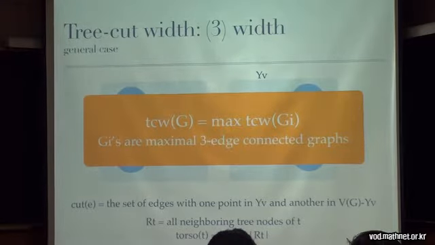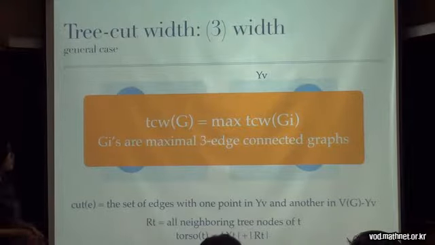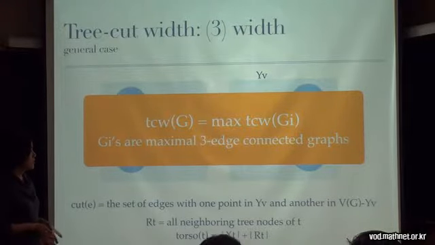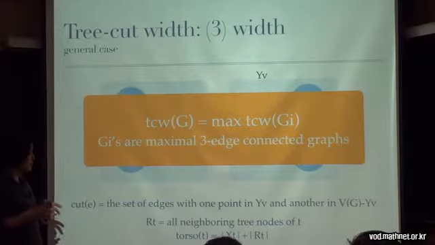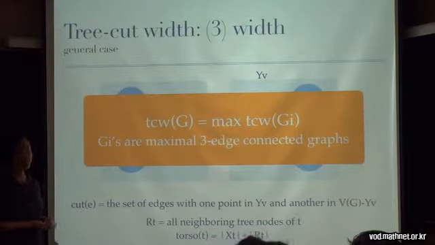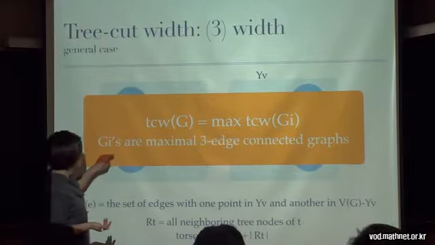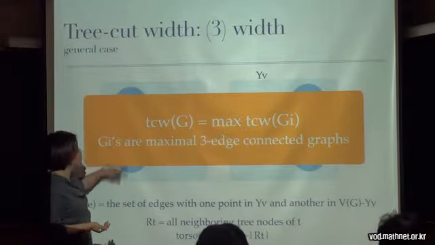Then the question is, what about the general case when the graph is not 3 edge connected? Then I look at every maximal 3 edge connected graph, and so this will decompose the graph.